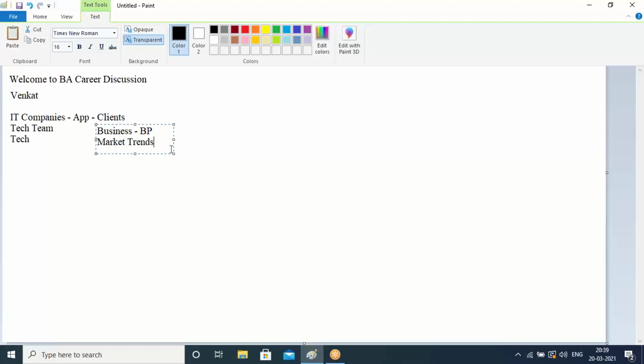Let me give you an example so that we can connect it to these market trends. Let me consider a bank 20 years back. At that time, banks used to give only home branch banking. When you wanted to do any banking activity, you had to walk into the bank in person.